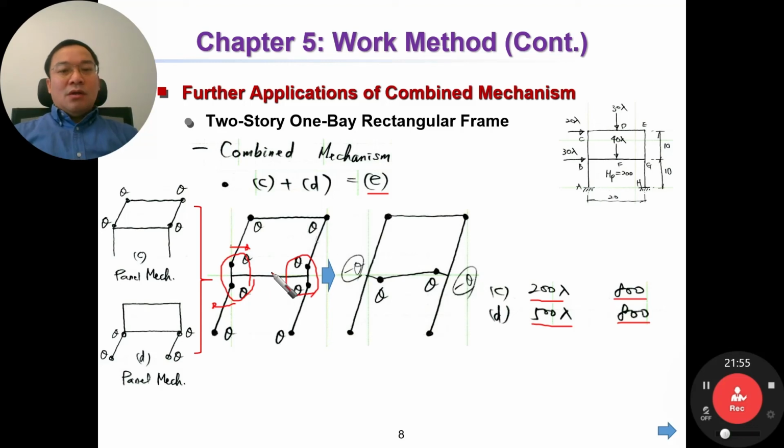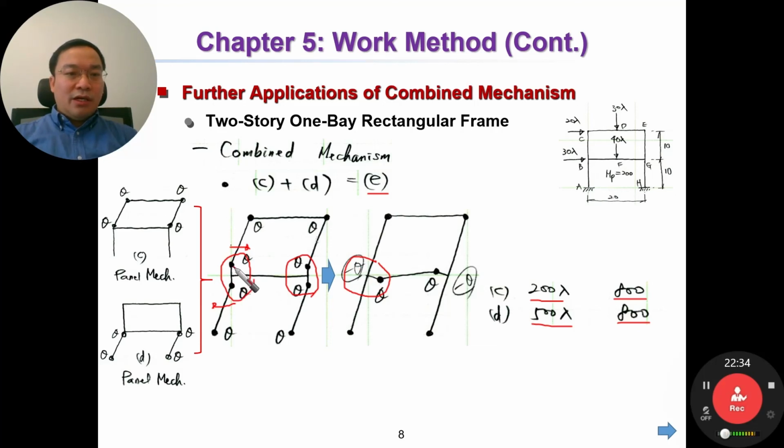Okay, so in short, when the beam and the column have the same section and there are two hinges at the column, then this mechanism becomes this mechanism. So the hinge occurs at beam, not at the column anymore. By that phenomenon, one hinge is cancelled.